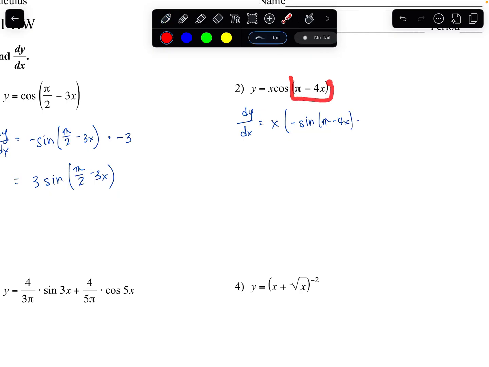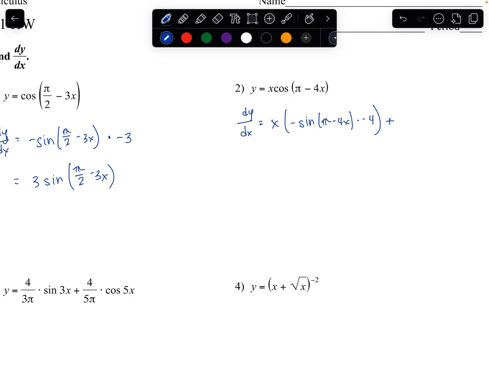So now I'm going inside right here. What's the derivative of the inside part? Derivative of pi is 0 since it's constant. The derivative of negative 4x is negative 4. So recapping here, this was the first part. This was the derivative of the second part with the chain rule.